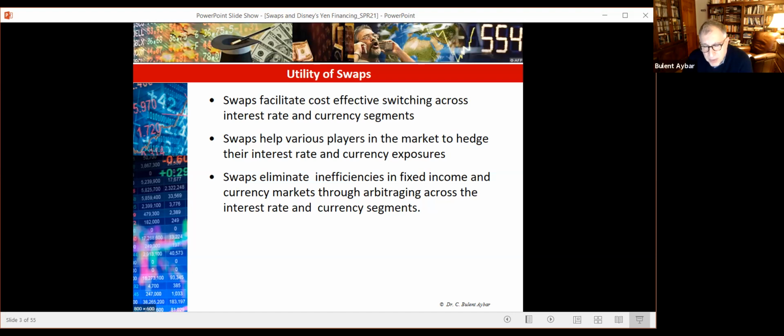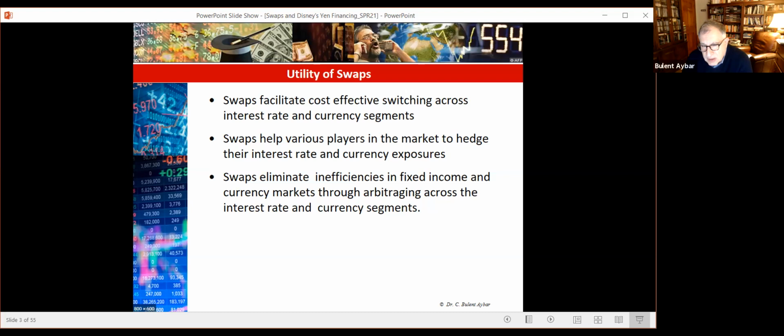So swaps help a variety of players in the market to hedge their interest rate and currency exposures by facilitating these switches from one segment to another one. Swaps also play a role in eliminating the inefficiencies in fixed income and currency markets through arbitraging across the interest rate and currency segments.